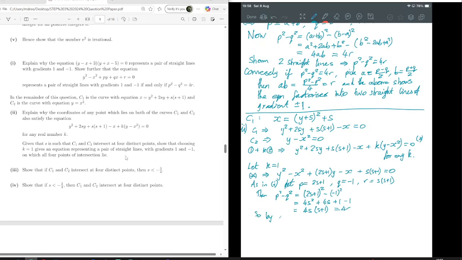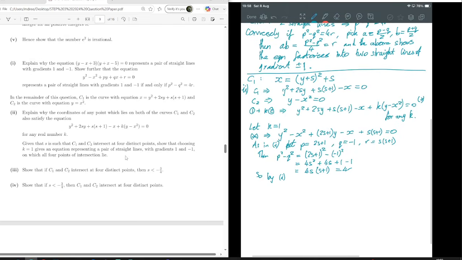So by part I, star is 2 straight lines with gradients plus or minus 1.